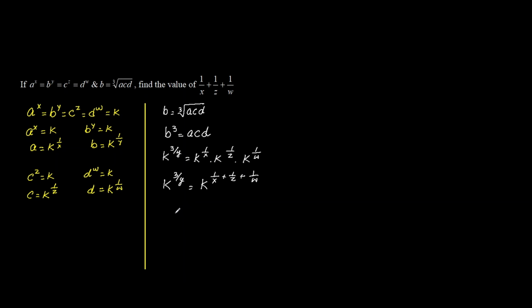Comparing, because the bases are same, comparing the exponents, we get 3 over y equals 1 over x plus 1 over z plus 1 over w. And that's our final answer. So the value of 1 over x plus 1 over z plus 1 over w equals 3 over y.